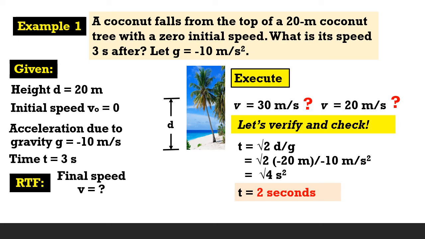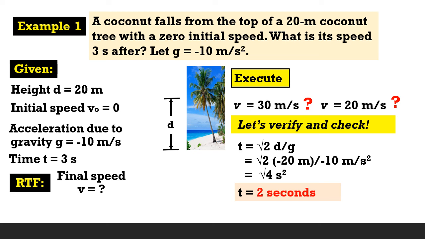So logic dictates that after hitting the ground in 2 seconds, the coconut is already at rest in 1 more second. The time of 3 seconds given in the question is actually just a distractor intentionally included in the problem to test your logical reasoning.